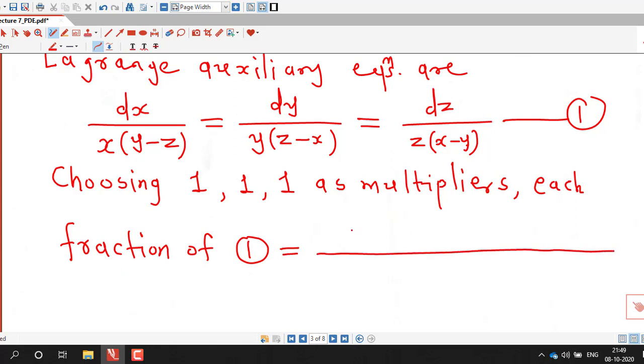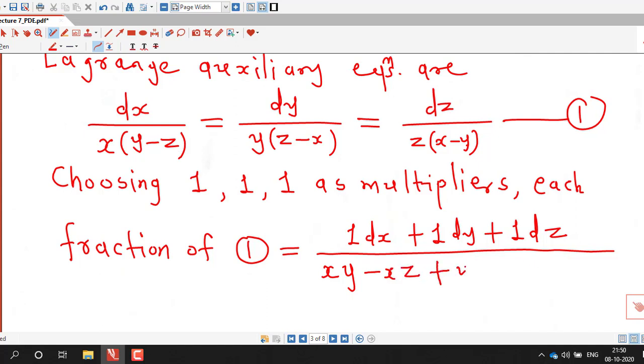so here I will consider 1 into dx plus 1 into dy plus 1 into dz, and here I have to add all these denominators. So I directly multiply with x this bracket, and I write x into y minus x into z plus y into z minus x into y plus z into x, or x into z minus y into z.